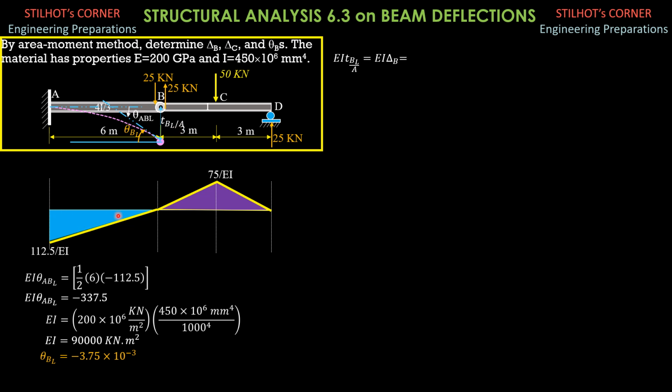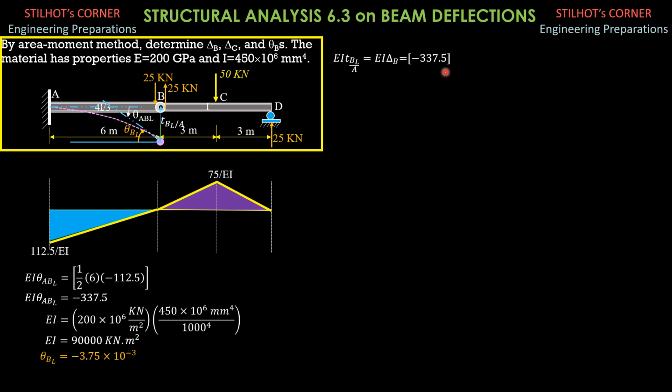So the area was computed and it was negative 337.5 over EI. All you have to do is multiply it by the moment arm, the centroid here to here. The distance is 2/3 of 6, so 4 meters.